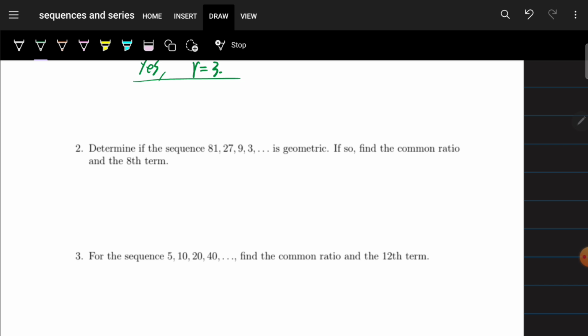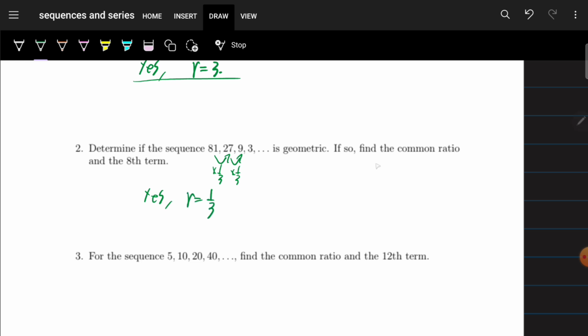Okay, next one. Here we can see that we're dividing by 3 every time, or multiplying by 1/3, we could say, right? Multiplying by 1/3 is the same as dividing by 3. So yes, it's geometric. The common ratio is 1/3.